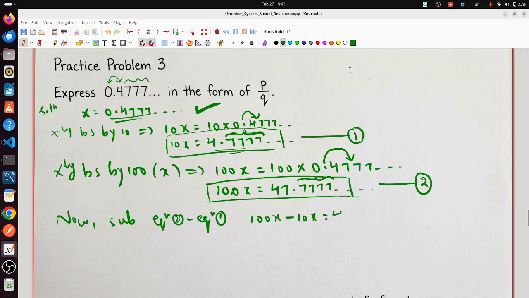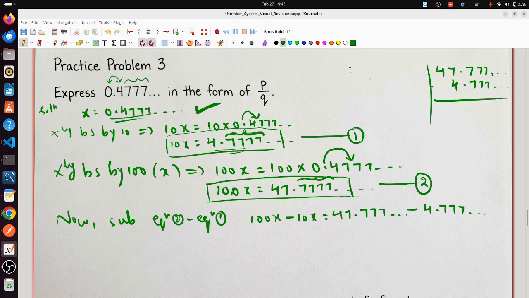RHS side: 47.777 dot dot dot minus 4.777 dot dot dot. Now if you see, all the right hand side repeating terms become 0. These all terms will cancel.